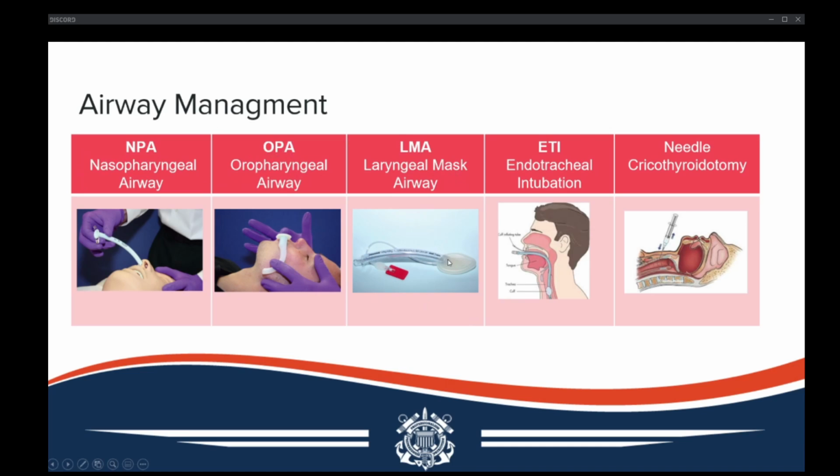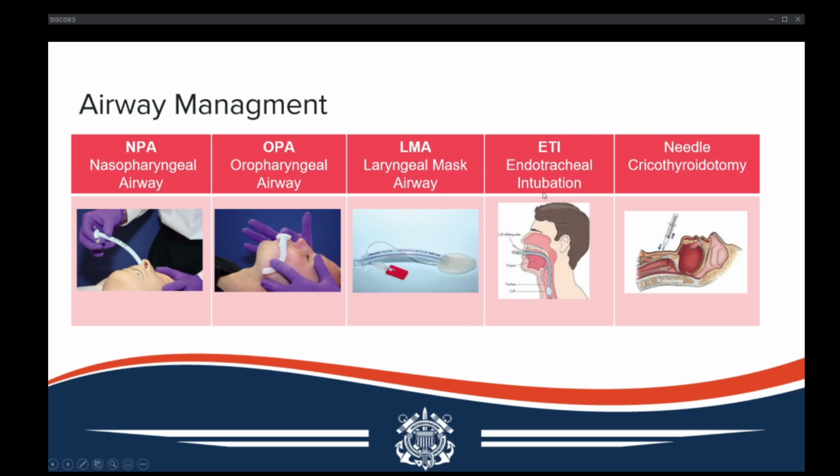This tube goes down their throat, and it's essentially an inverted mask. So this kind of means you don't actually need to put a mask on them. You can affix a breathing mechanism right to the end there. Sometimes these LMAs have a camera on the end to help you position them right.